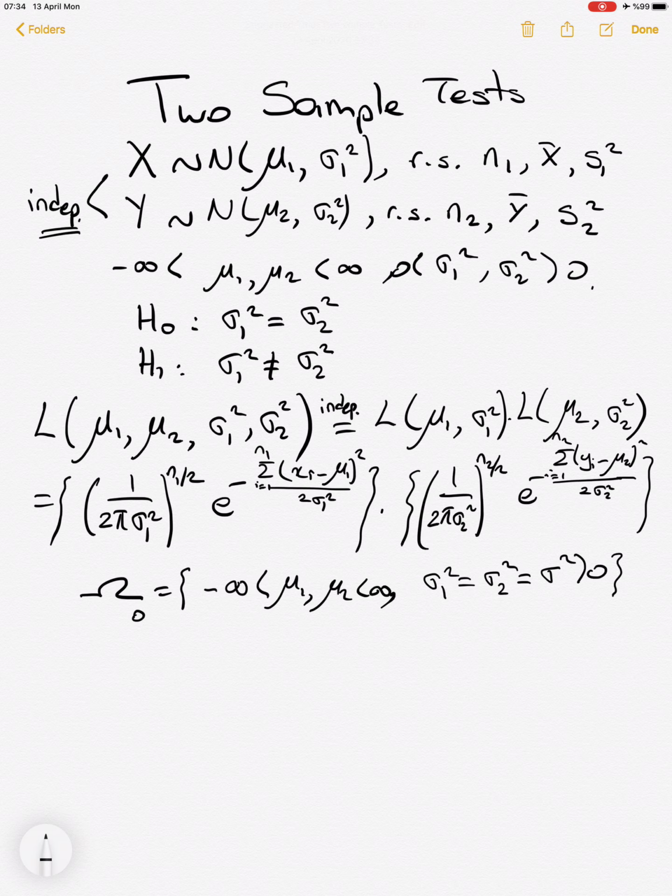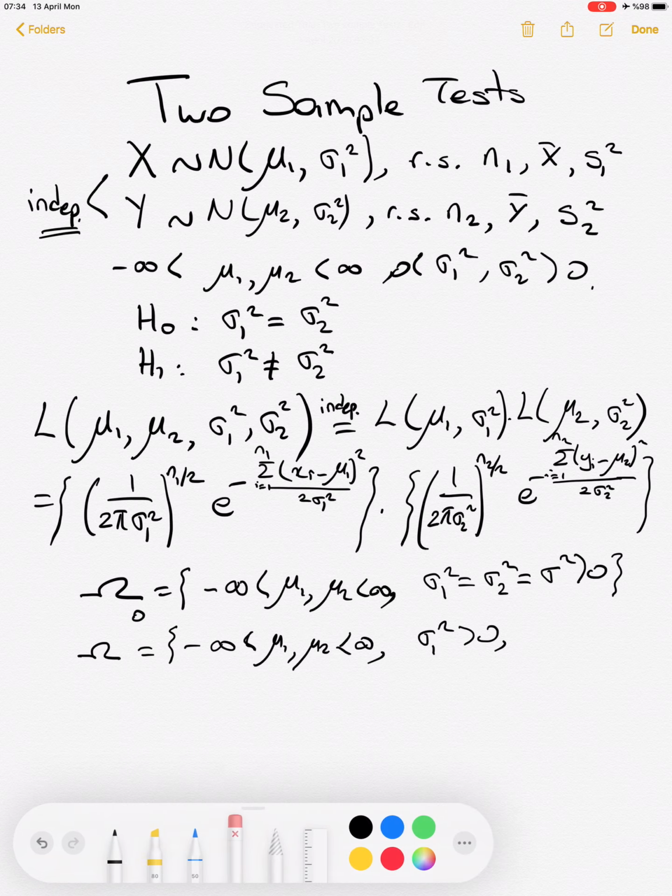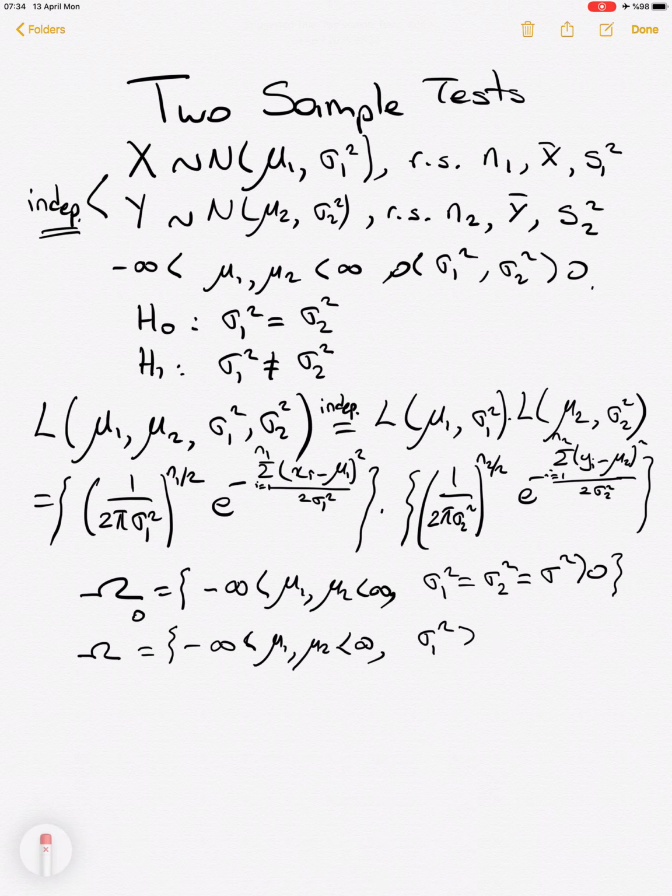Under the whole region, we have the same for mu1 and mu2, and for the sigma values, sigma 1 square is not equal to sigma 2 square, but they are still positive.